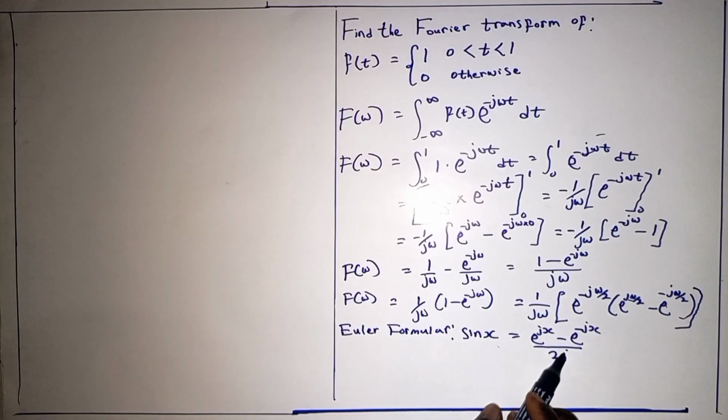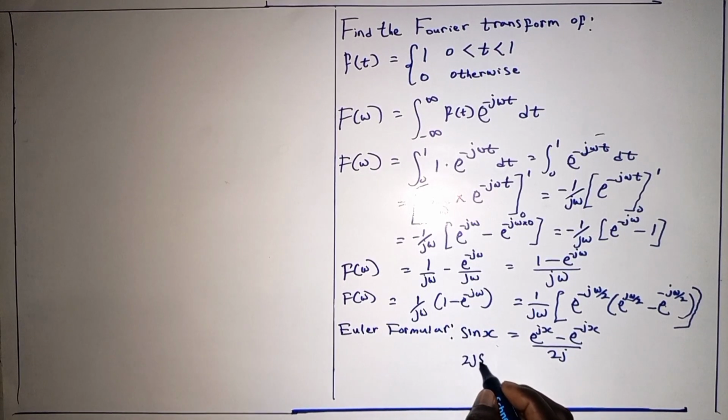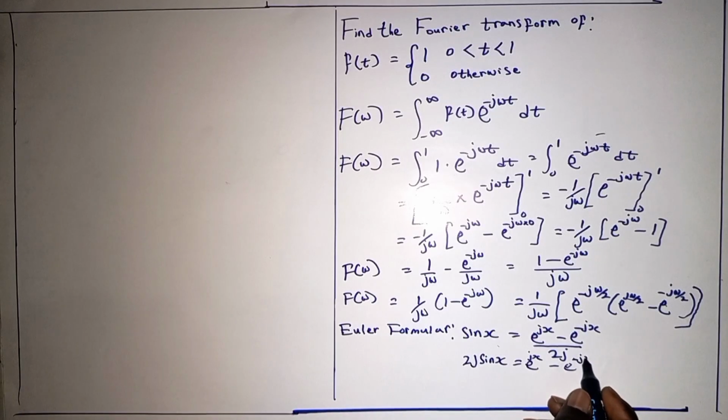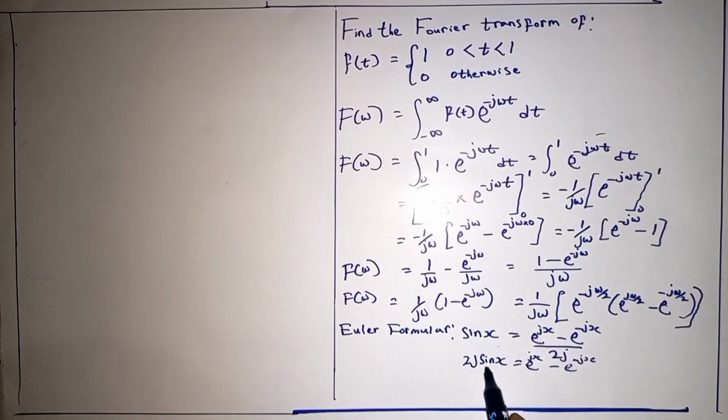We are left with 2j. So we can write this as 2j sine x, jx minus jx. So this will be now 2j sine w over 2.